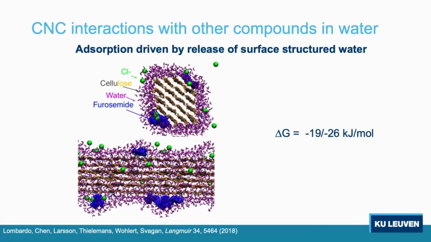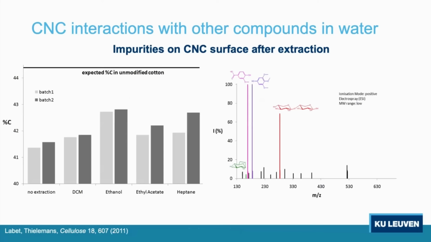Not because it likes the hydrophobic faces of the cellulose, but at the point that they interact, the water molecules that would normally be in between here are released, regain their freedom, and so it's purely entropy based. So that means these are non-specific interactions based on entropy gain. We get from calculations that the Gibbs free energy of these interactions is somewhere around 25 kilojoules per mole. That's a number that will come back a little bit later.